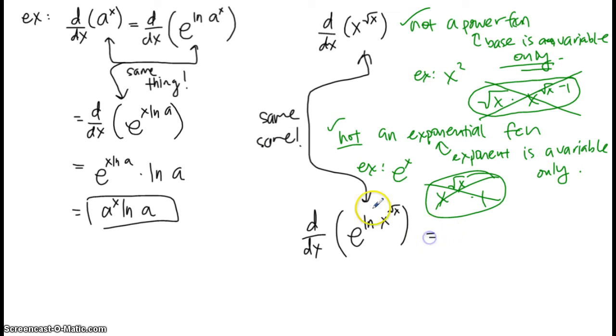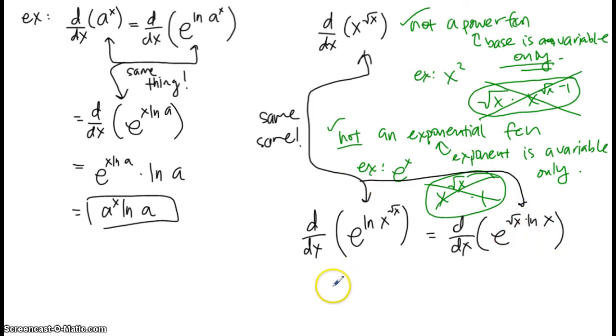And then I'm going to simplify this. I'm going to take that variable in the exponent and bring it down to the same level as my natural log. So I have not yet found the derivative. So e to the square root of x times natural log of x. Now I'm ready to find the derivative.